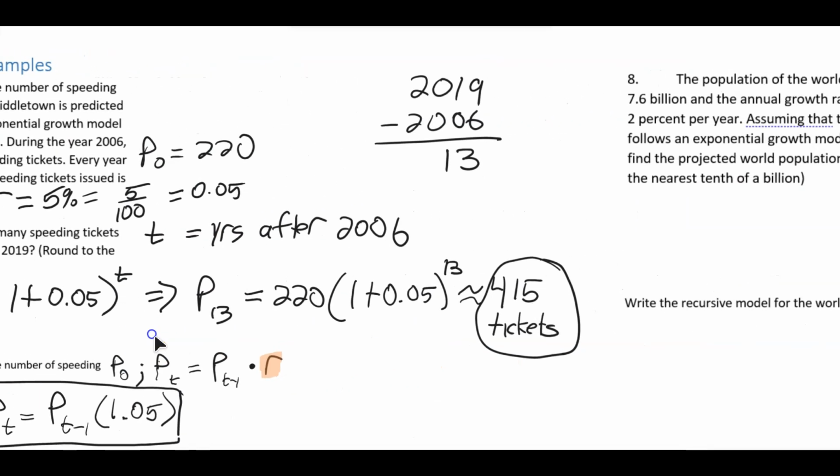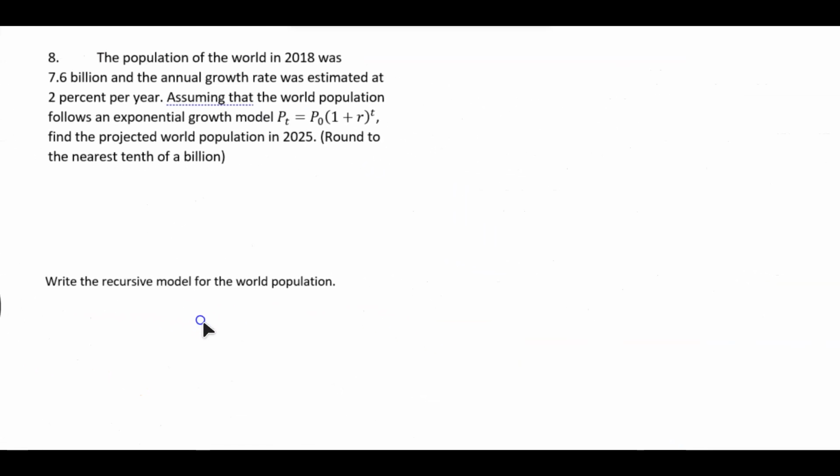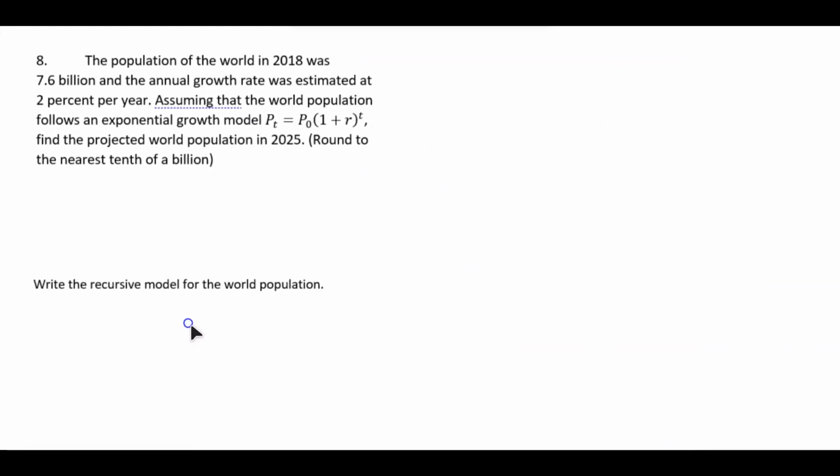Go ahead and pause the video while you work out this next question. What you should get, first off, the model, P sub t equals 7.6 times (1 plus 0.02) to the t.